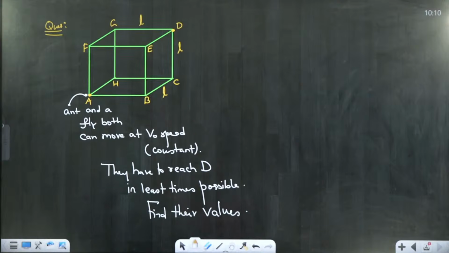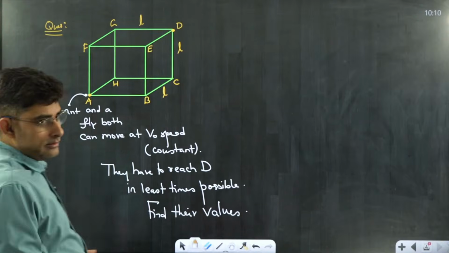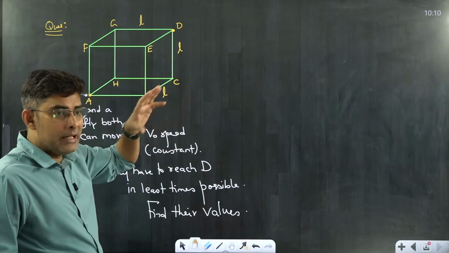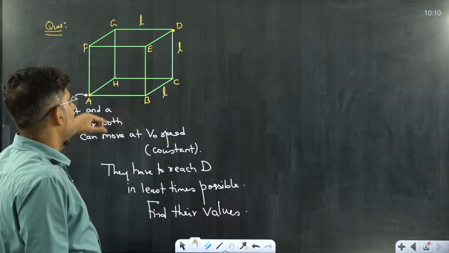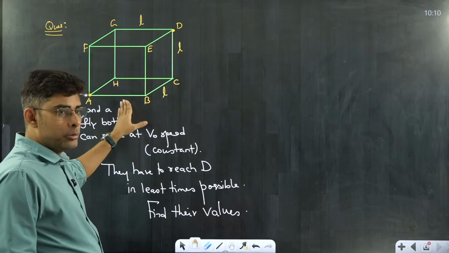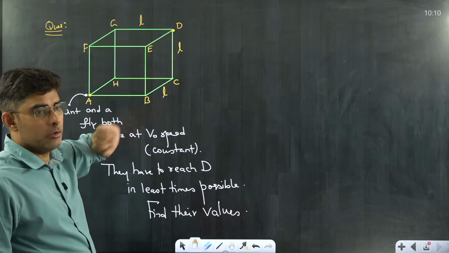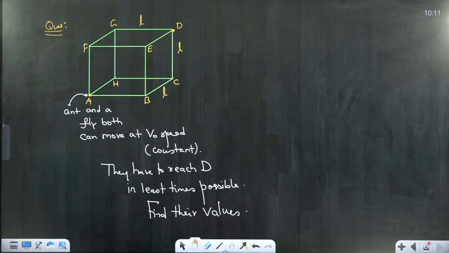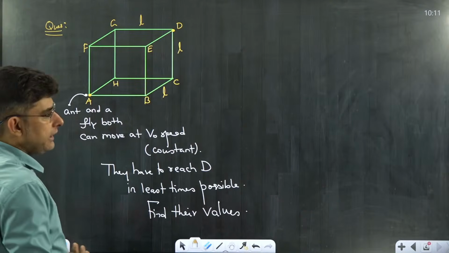Now there is a difference between an ant and a fly. What is that difference? A fly can fly, means it can travel in air, but an ant cannot fly in air, it can only crawl. It can crawl on the ground and also on the wall. Here both are moving at V naught speed each. So what is the least time they can take to reach the point D?